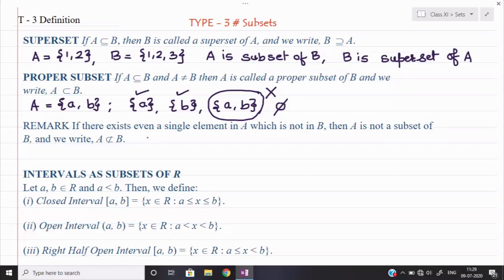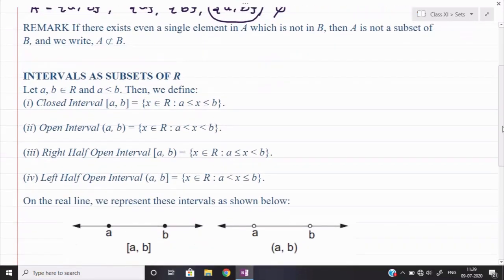One remark is given here: if there exists even a single element in A which is not in B, then A is not a subset of B. Then we write A not a subset of B. Means all the elements of A should lie in B, then only we can say that it is a subset. Otherwise, we shall not say so. So they are just saying how to express this relation. So the not-a-subset symbol they have shown here.